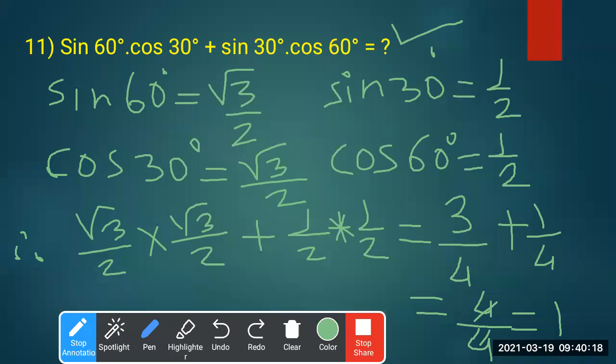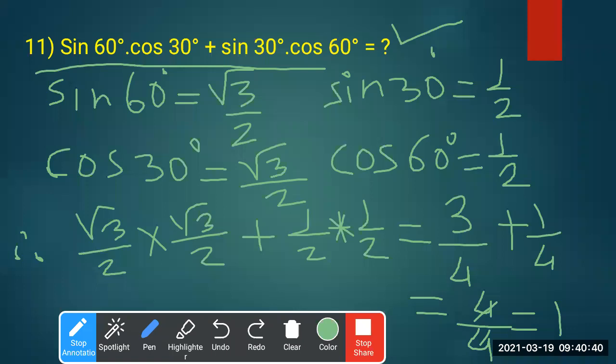So in this way, first you write all the values which you want to substitute, and then do the substitution in the given expression. While doing the substitution, be careful because there are numbers in roots.